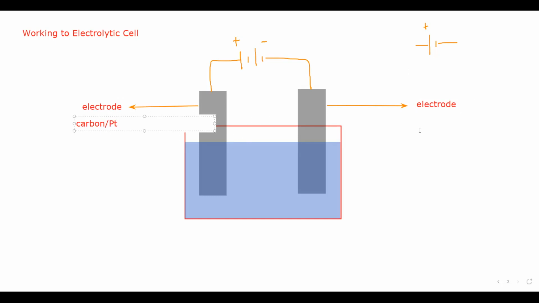These are the most common materials used to make electrodes. Now, the electrode which is connected with the positive terminal has a specific name, and that is the anode. The electrode which is connected with the negative terminal also has a specific name, and we call that the cathode. And inside the solution there are positive and negative charges.